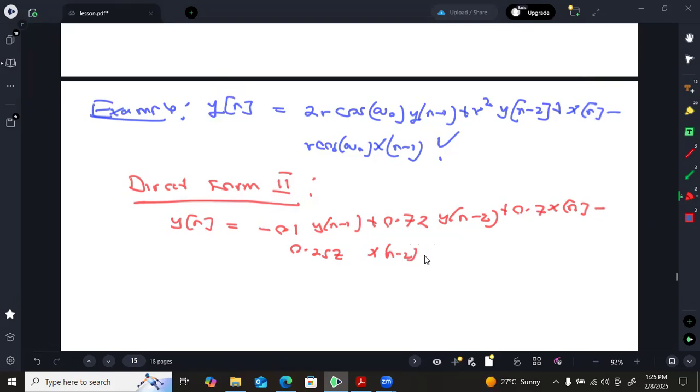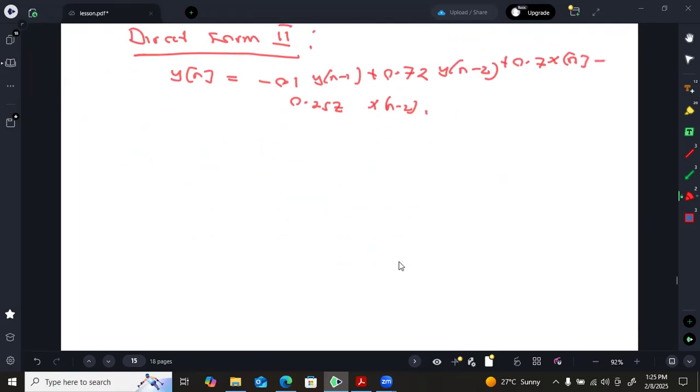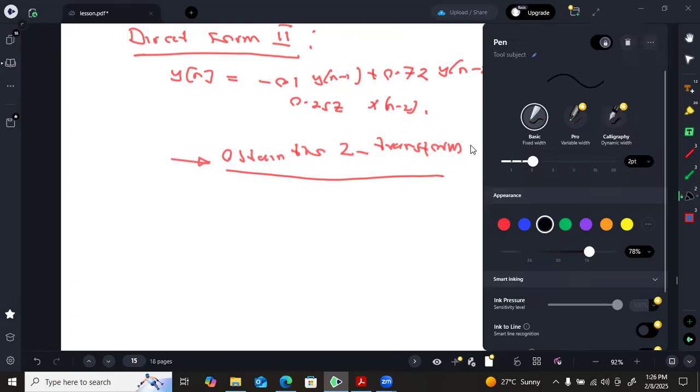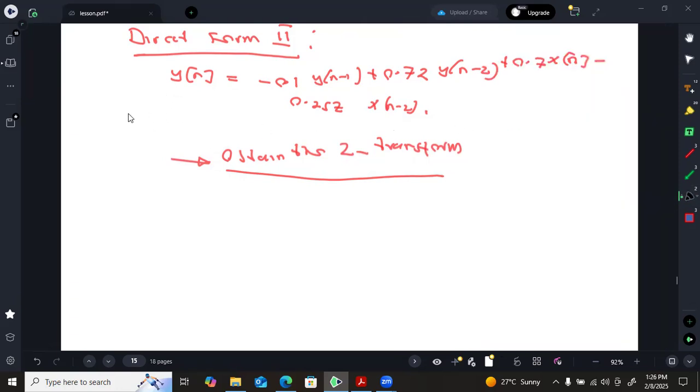So the first procedure here is to obtain the z transform, something which we didn't do in the direct form 1. For most of the functions, you can easily write this down without referring to any table.